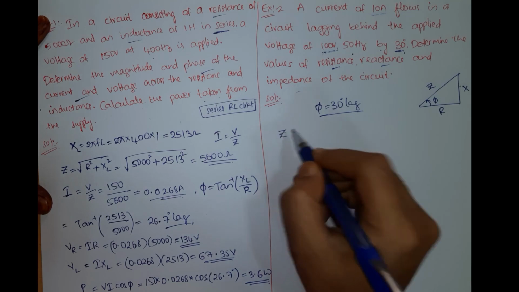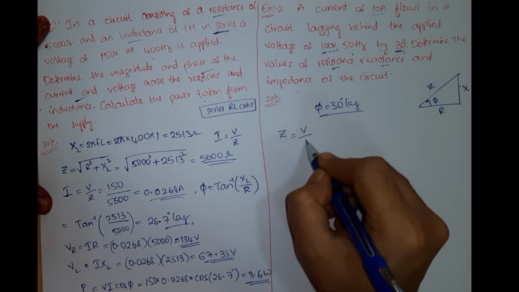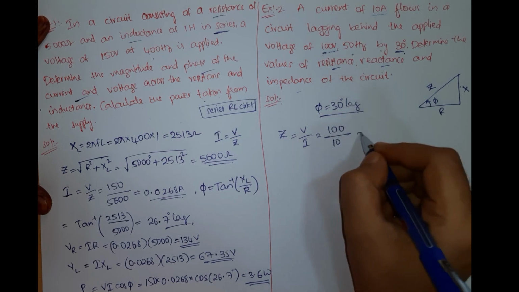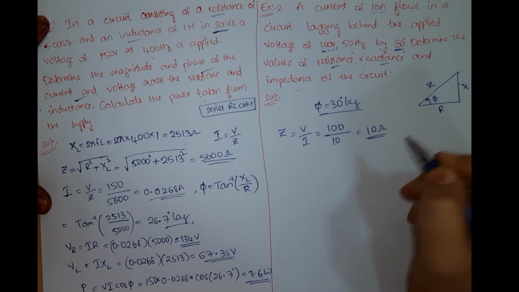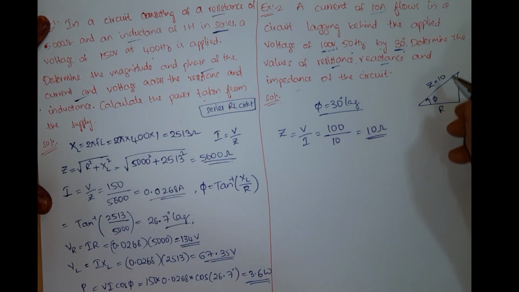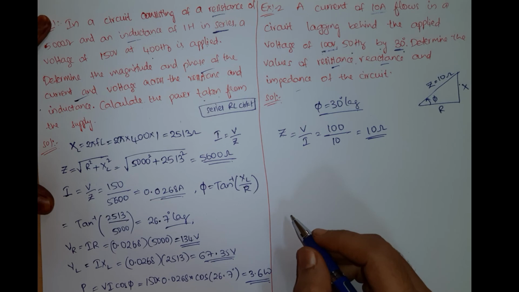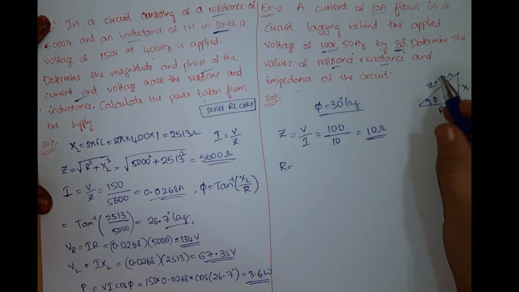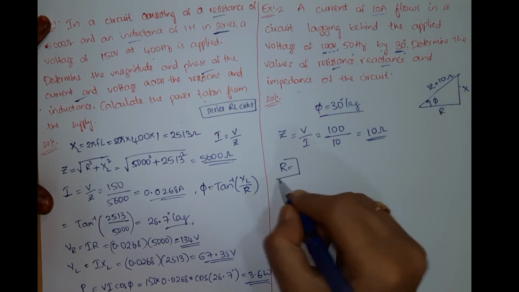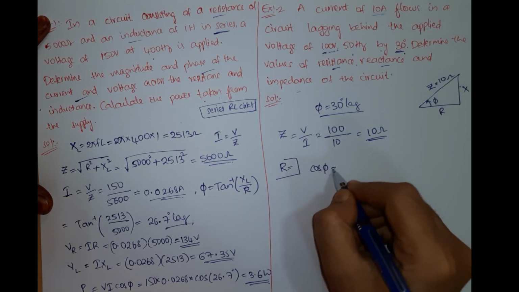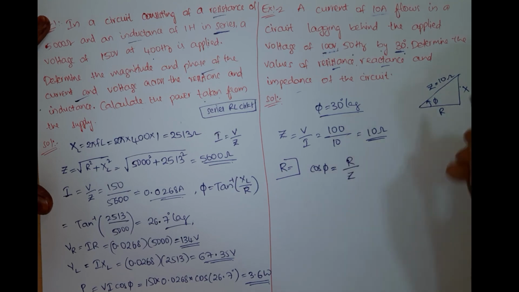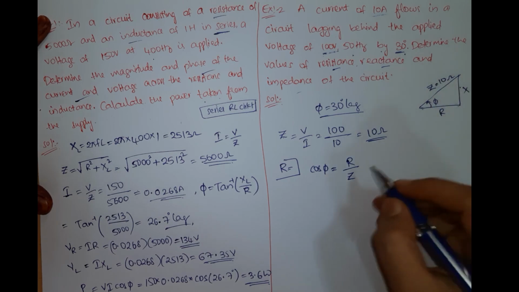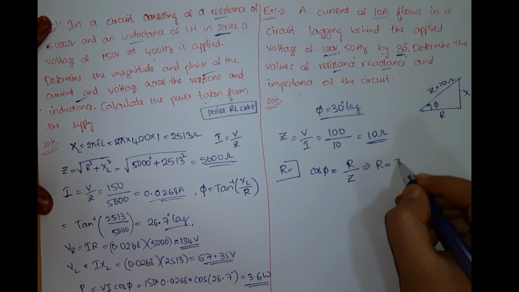So now we know the information of current as well as voltage. That means can I find out Z? So Z is nothing but V by I. V is given as 100 and I is given as 10. So we get Z as 10 ohms, right? Now R we need. So from the triangle we know that cos phi is adjacent side by hypotenuse, that is R by Z. From where I can write R is equal to Z cos phi.